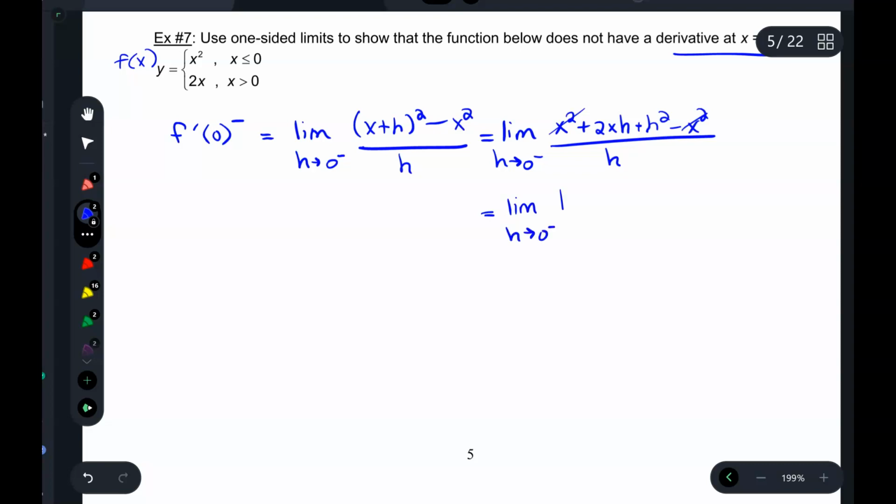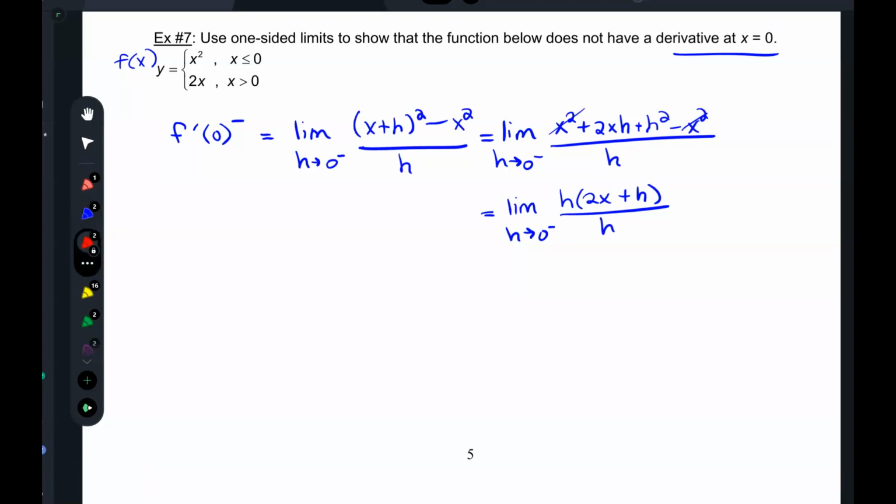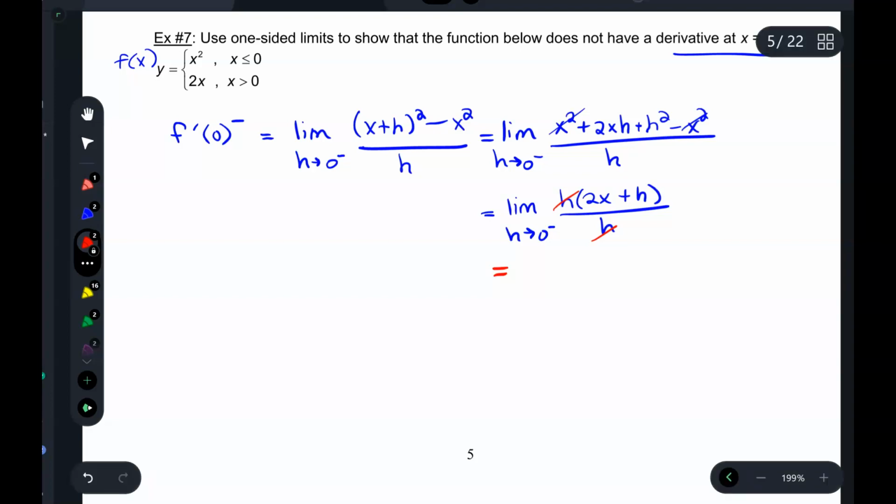I do like shortcuts, but factoring is something I will always do in this case to avoid making a mistake. Sorry if I'm going a little quickly. I just want to make sure we have time to finish. What do we get? 2x, and then, yeah, plug in 0. So that's going to be 0.